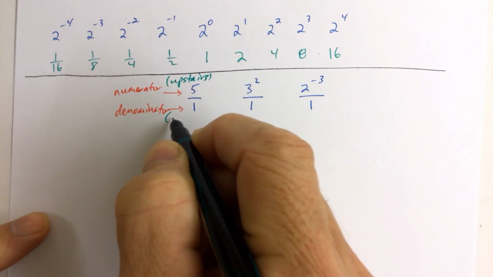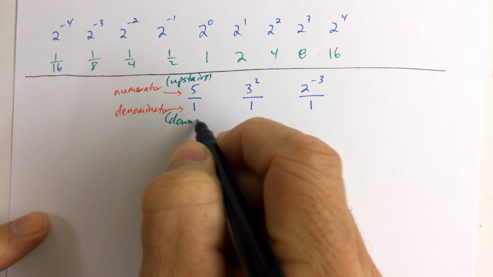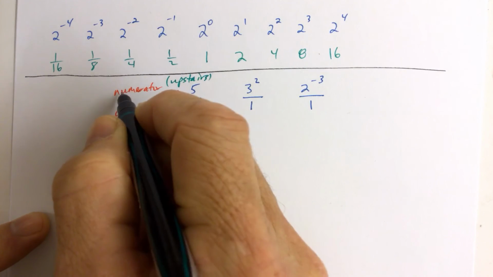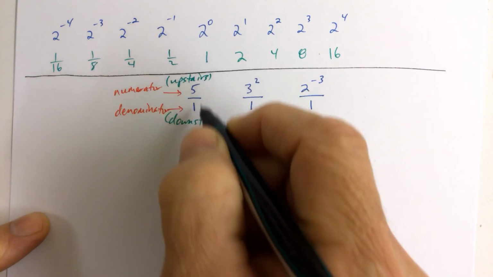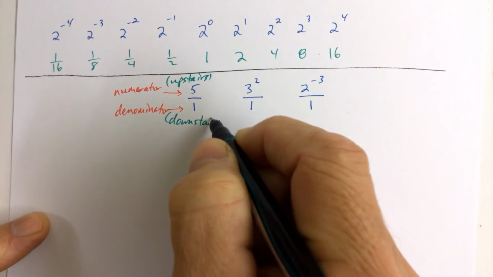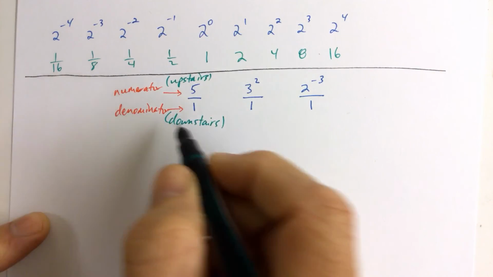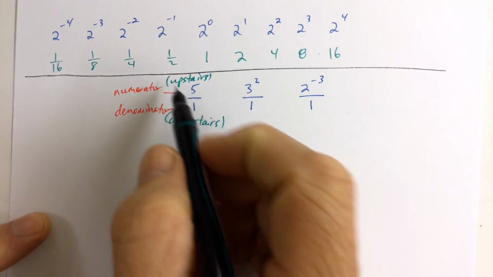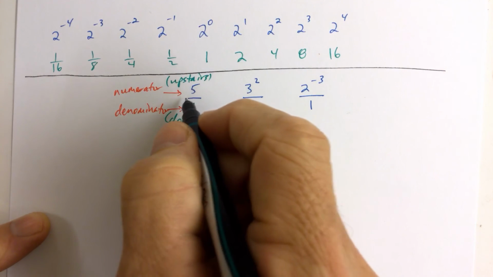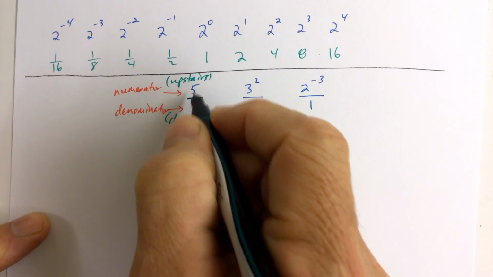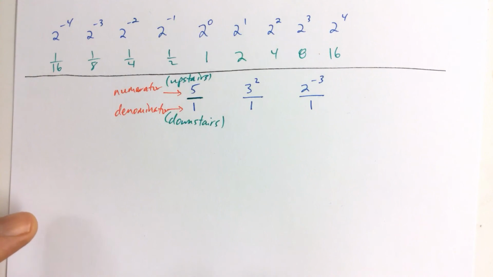And I want you to think of the denominator as downstairs. In fact, numerator has a U in it, and U is what upstairs starts with, and the denominator has a D in it. In fact, it's the first letter of the word downstairs. So you've got upstairs and downstairs, and then you've got that line in between the numerator and the denominator.